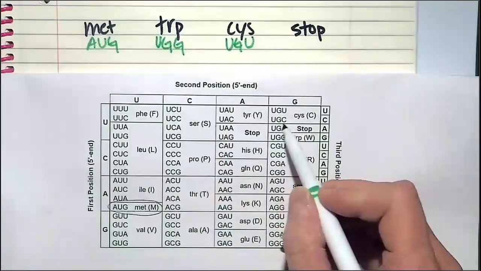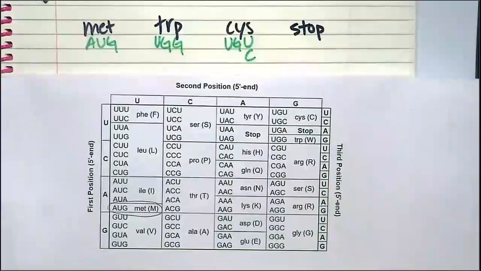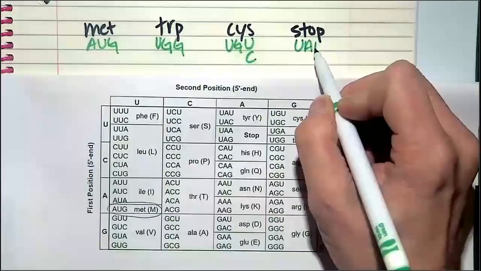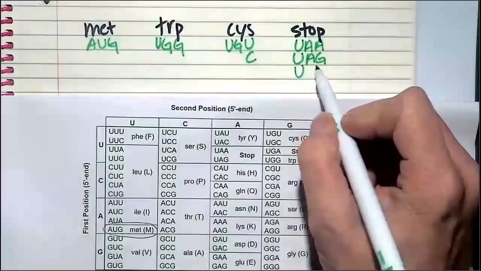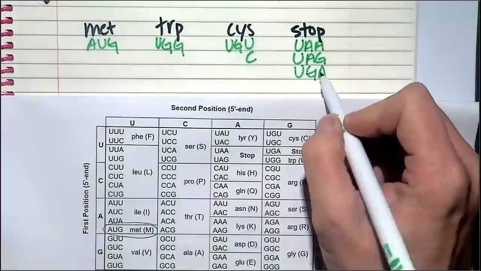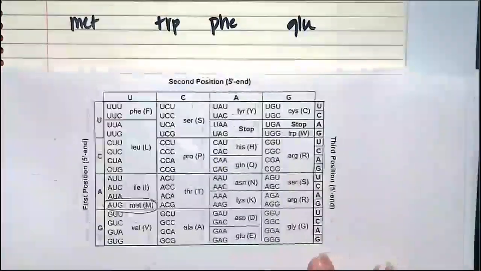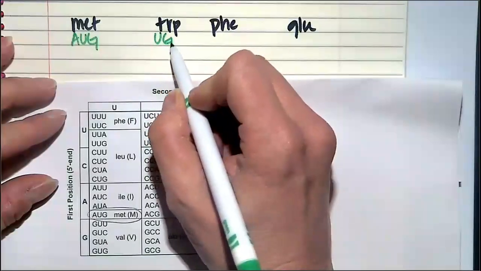And now there's more than one that can make cysteine, so I just write the other possibility below. And then our stops, there's UAA, UAG, and UGA.